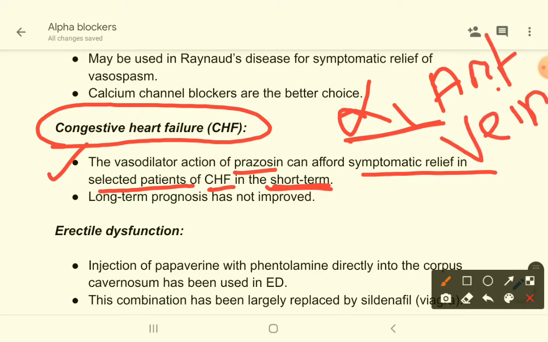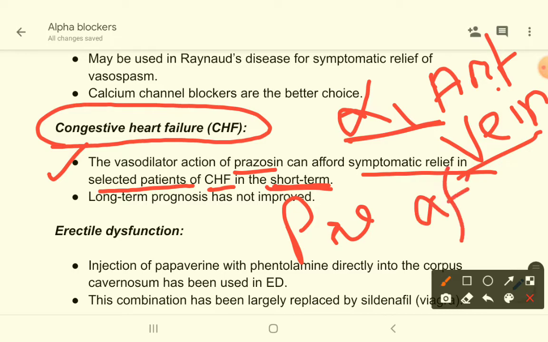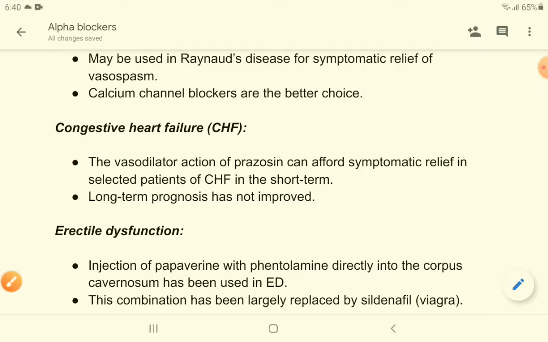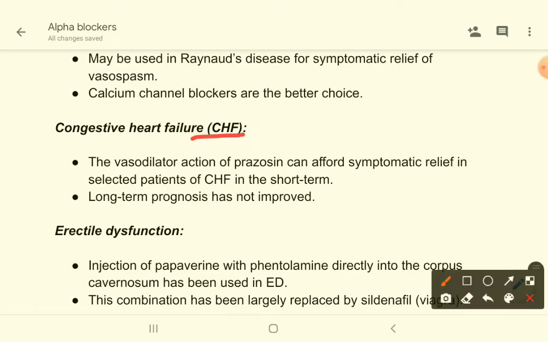So they can reduce both the preload and the afterload. For that reason, these drugs can be used in case of heart failure, but these drugs are not first choice drugs. There are some other very good drugs available for the treatment of congestive heart failure.